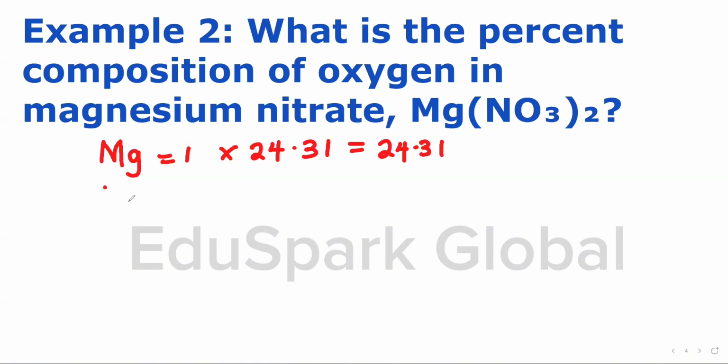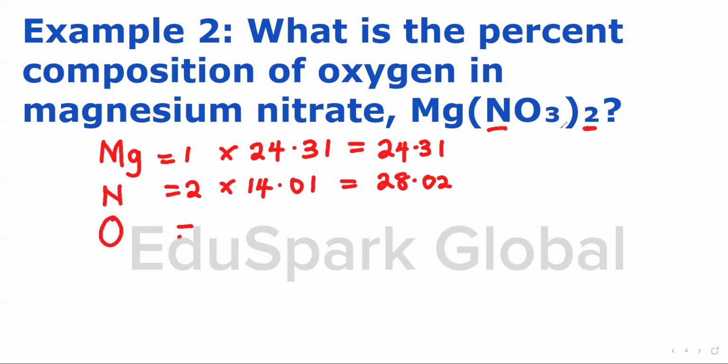Then nitrogen, this is 1 times this 2. That 2 affects both the oxygen and the nitrogen. So we have 2 nitrogens times 14.01, which gives us 28.02. Then oxygen, which is originally 3 here, would multiply the 2.